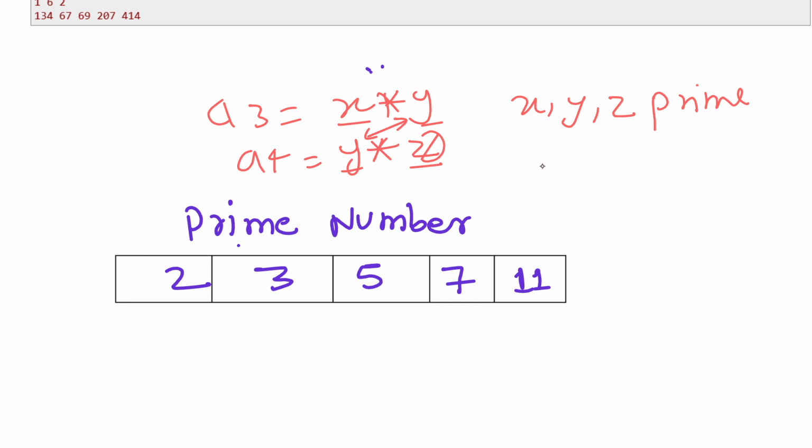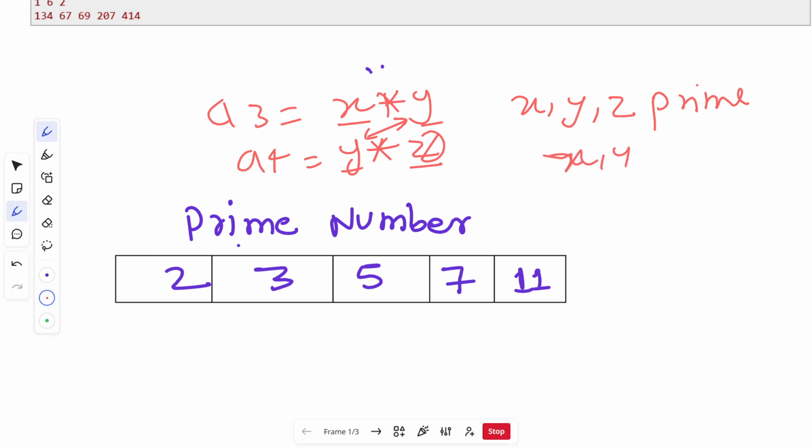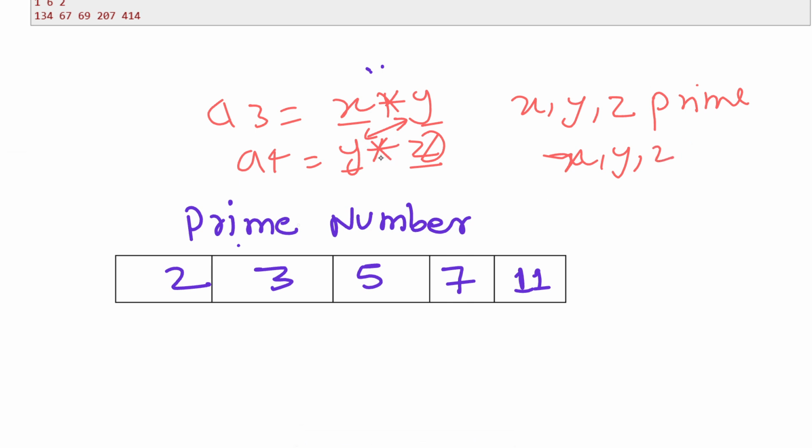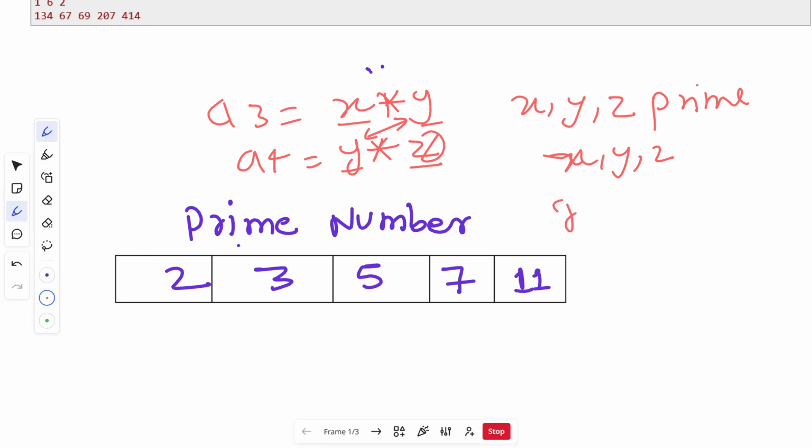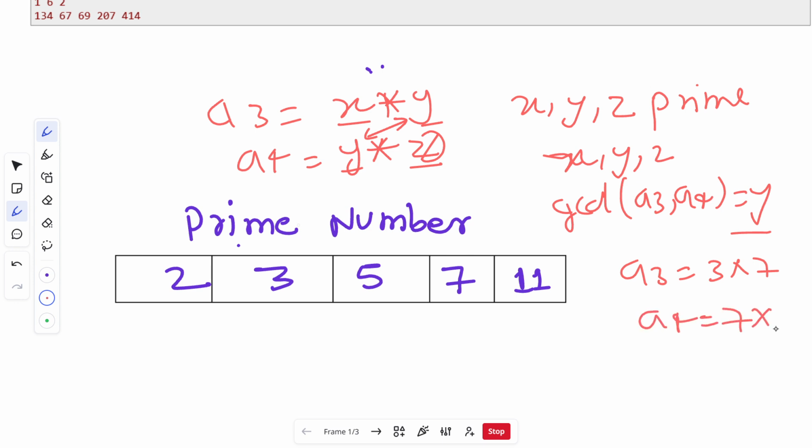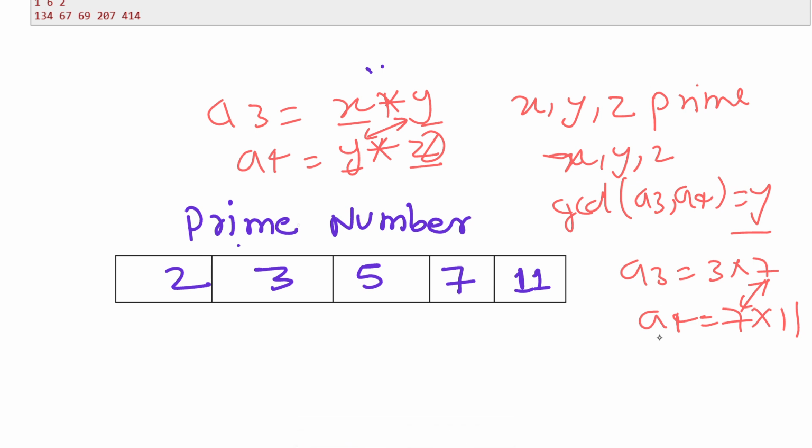So if x, y and z are all prime, the GCD of A3 and A4 is y. For example, if you represent A3 by 3 into 7 and A4 by 7 into 11, then only 7 will be the GCD of A3 and A4.